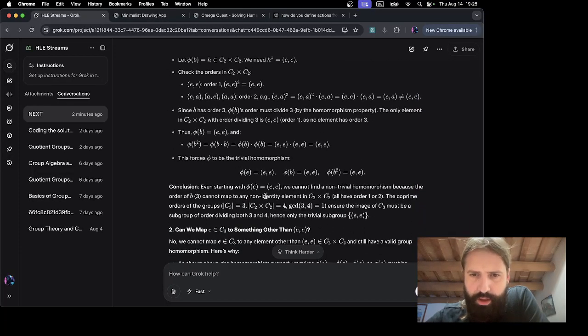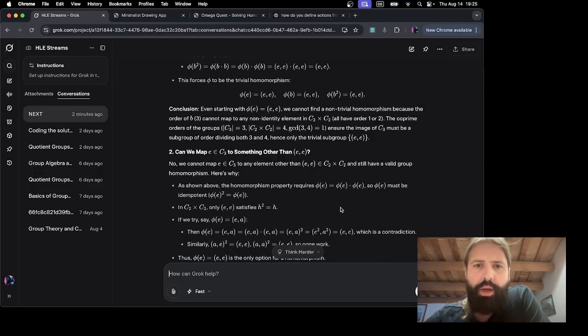So even starting with EE, we cannot find a non-trivial homomorphism because the order of B3 cannot map to any non-identity element of C2 squared. Can we map E to something else? No, we cannot map.